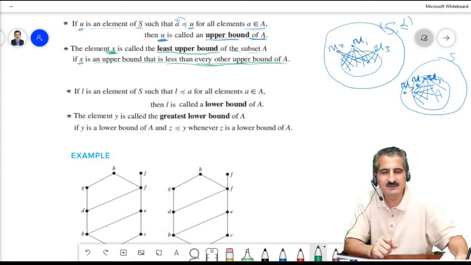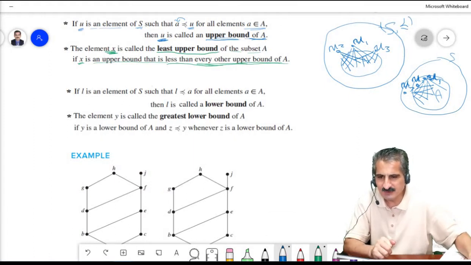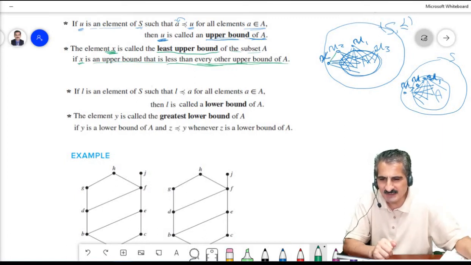Okay? So maybe I will demonstrate it. Let me go back here. This is A, and I might find some element here, which is X. Let me write it X, which is also an upper bound of A, but maybe X is less than U, and it is less than U1 and U2 and less than U3.